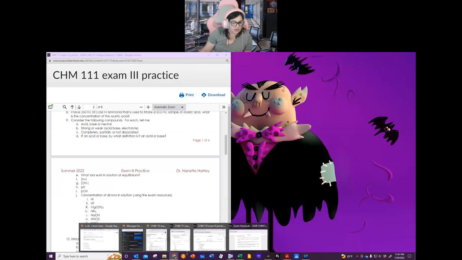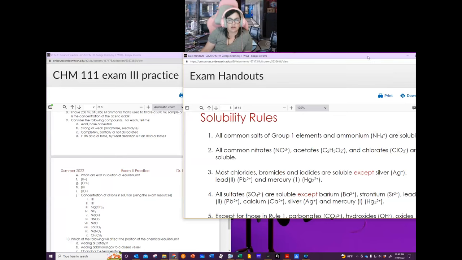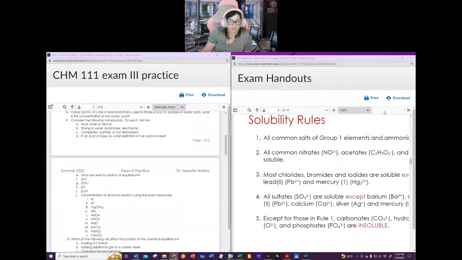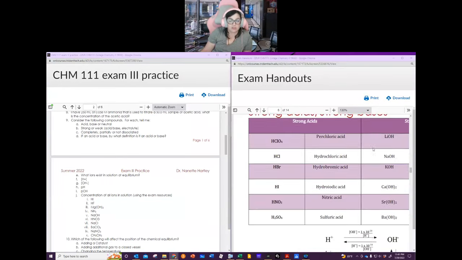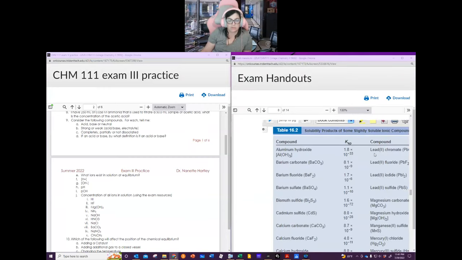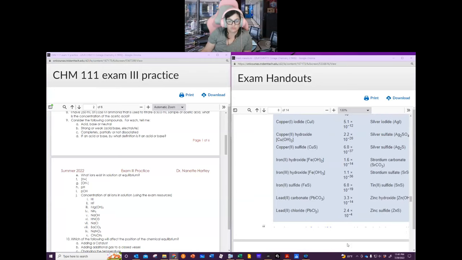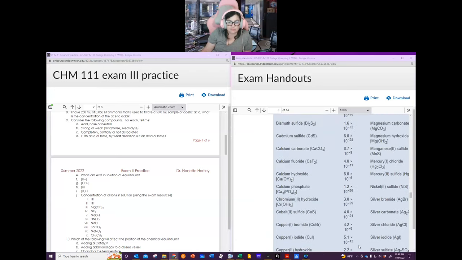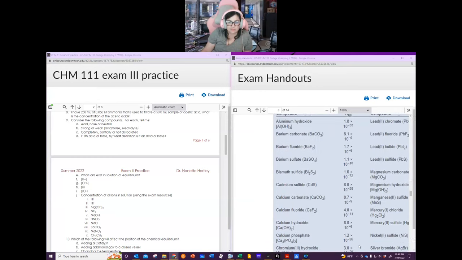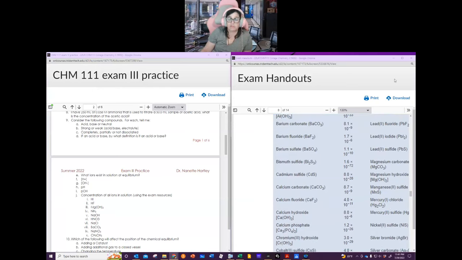Instead of looking for a KB for that, since it's not soluble, I have to look at the KSPs. But I actually don't have one.